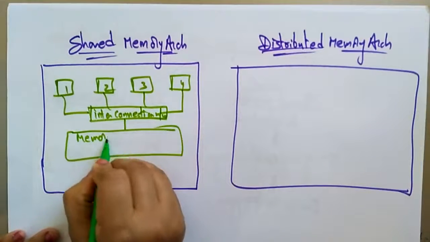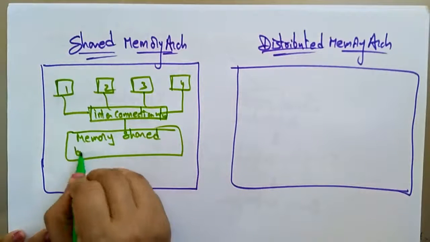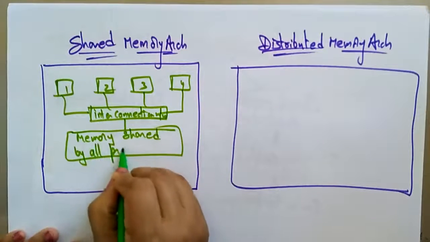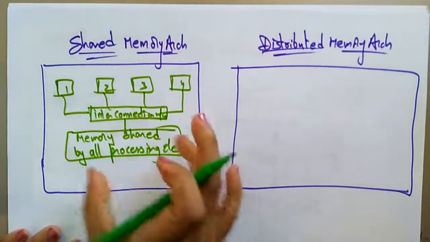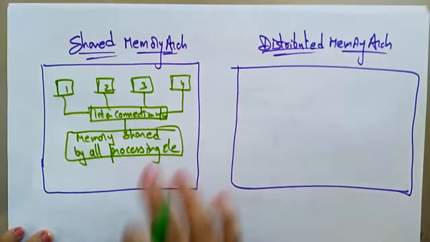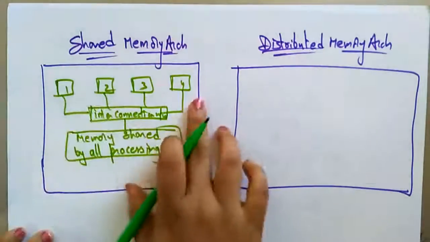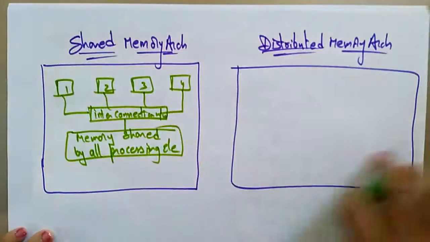So memory is shared by all processing elements. By using this interconnection network, all processing elements are sharing the memory. So this is the shared memory concept.